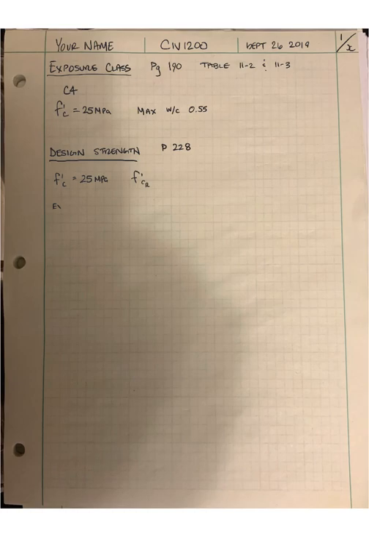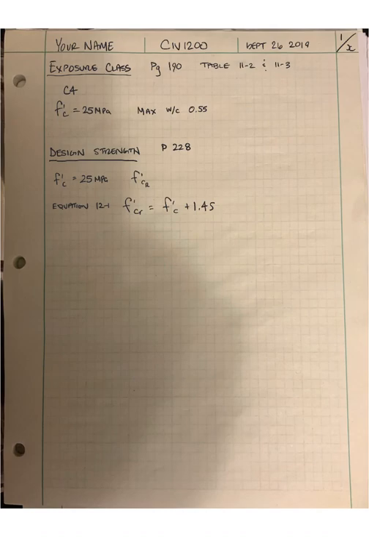Equation 12-1: we're going to have an F prime C required, or design strength, equal to F prime C plus 1.4 times our standard deviation. As indicated, our standard deviation for this particular design mix is 2.0.